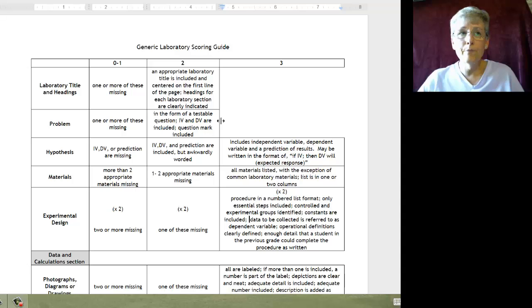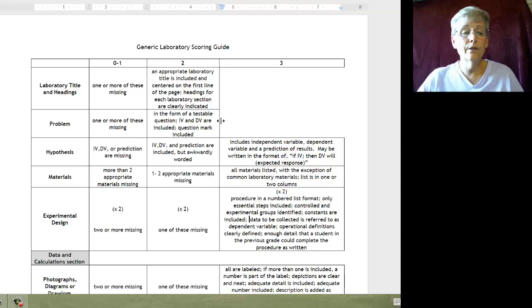What you expect to happen does not have to be correct. It just has to be there. That prediction part has to be there to guide your laboratory. It's fine if it didn't work out the way that you expected it to. You can get just as many points either way.